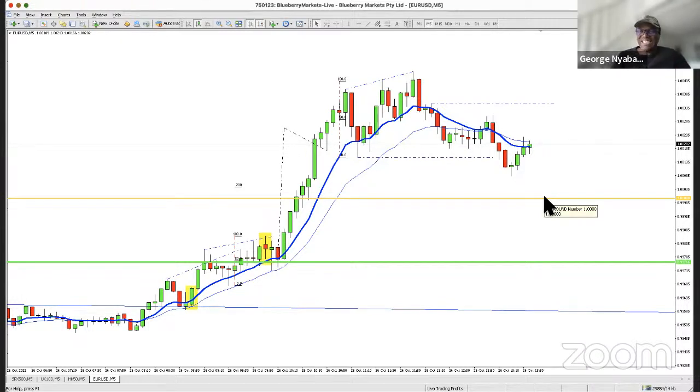Why do I say that? Because the bulls want to keep the price above parity. The bulls want the euro to keep going up and up and up, so that all of a sudden, instead of 1-to-1, your euro gets you 1.2, 1.4, I don't know, 2-to-1 US dollars.